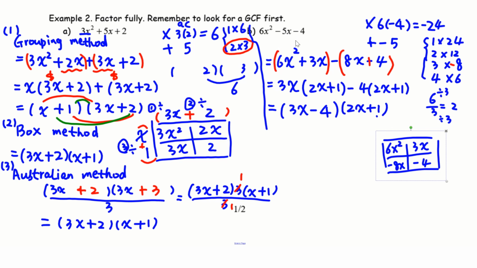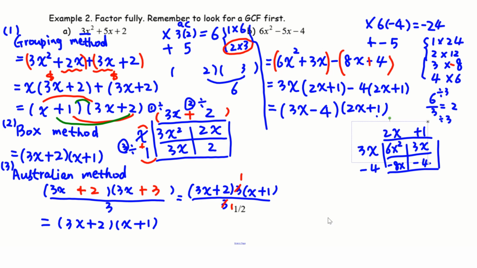So the first term goes in the first cell, 6x squared, and the last term, -4, in the last cell, and the 3 and the -8 on the diagonal. Then factor the first row, it will give you 3x, and do the division, 2x, 1. -8x divided by 2x gives -4. So one bracket is 3x minus 4, another bracket is 2x plus 1.